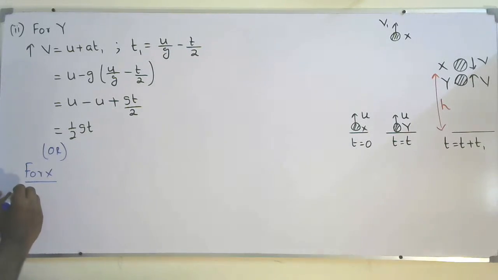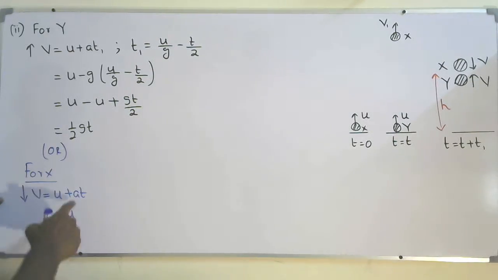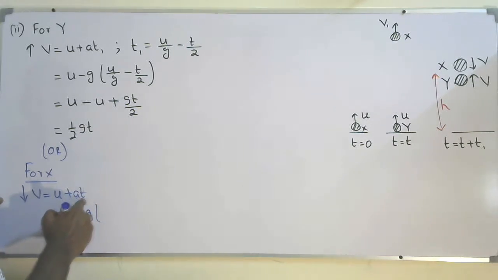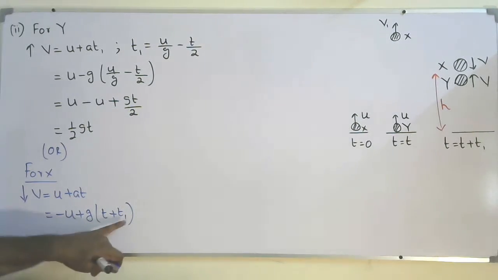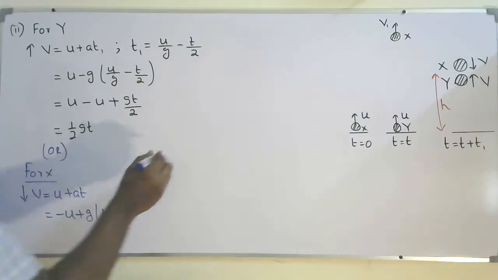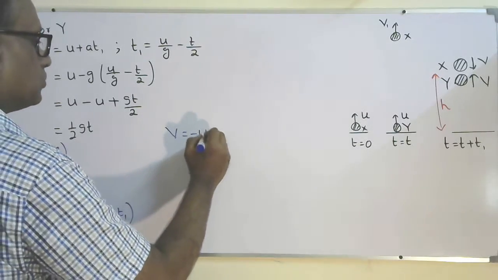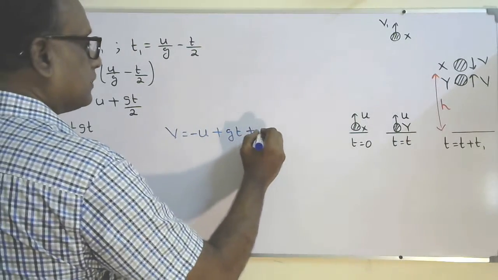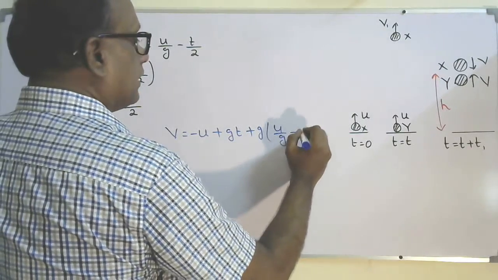So for x, I should use downwards, v equal u plus at. So u is minus u, because it was projected in the upward direction. a is downwards, g. The time taken by x to hit y is t plus t1. Now substitute the value of t1 from before. So v equal minus u plus gt plus g into t1, substitute u over g minus t by 2.